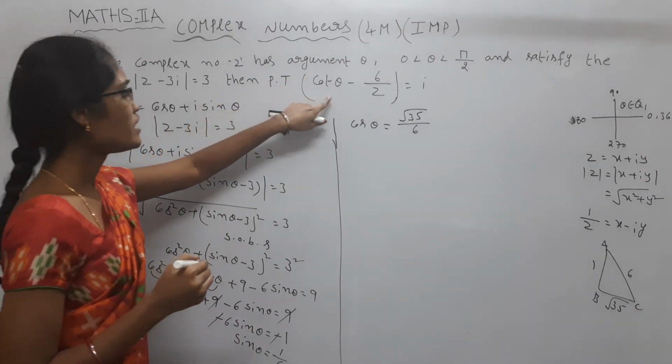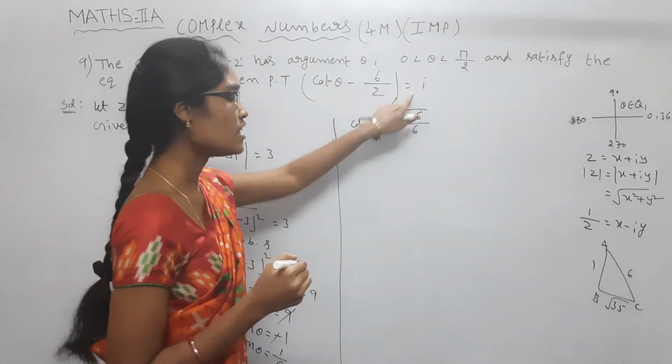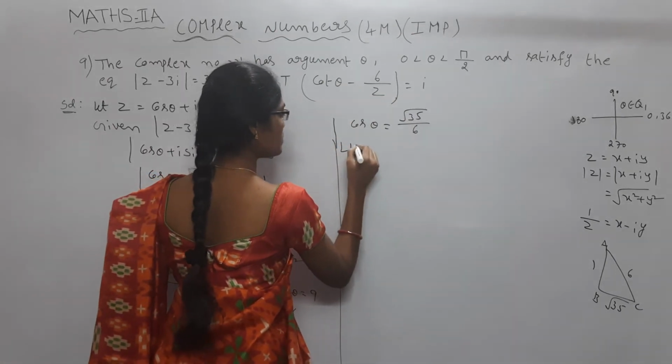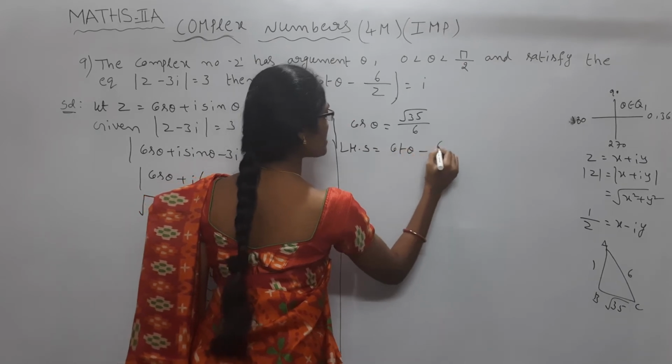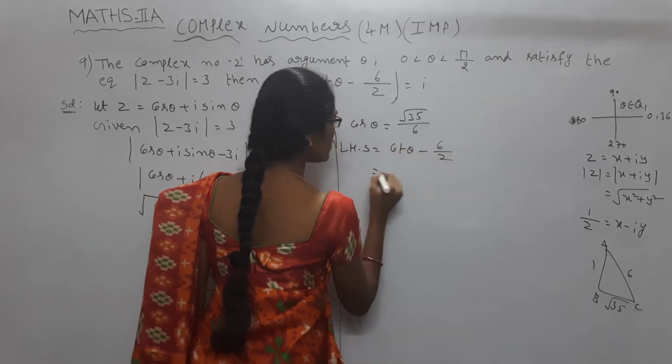Now, what is the given question? What do we want to show? That cot theta - 6/z = i. Now I am taking LHS. LHS = cot theta - 6/z.